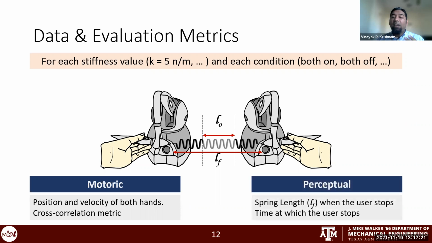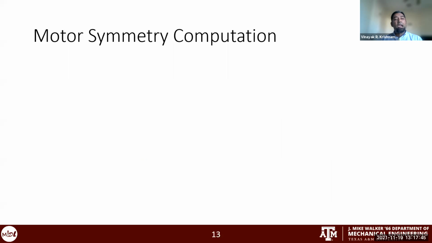On the perceptual side, we used the length at which the participant stopped. Another equally valid metric could be time. The reason we did not go for time in this study is that people moved at different speeds, so we wanted to see how far they were willing to go in order to detect whether there was any asymmetry or not.